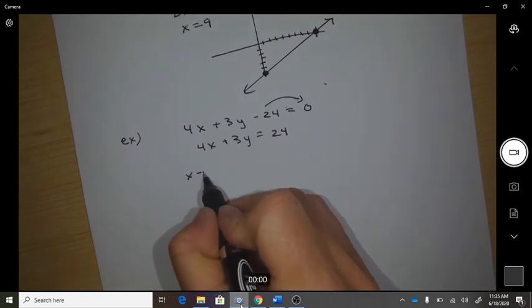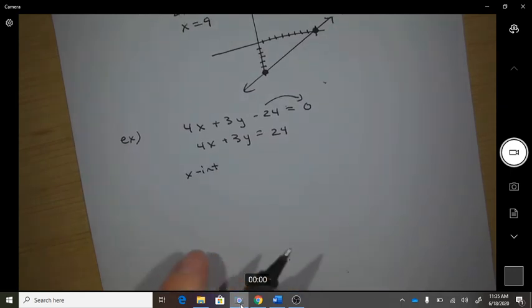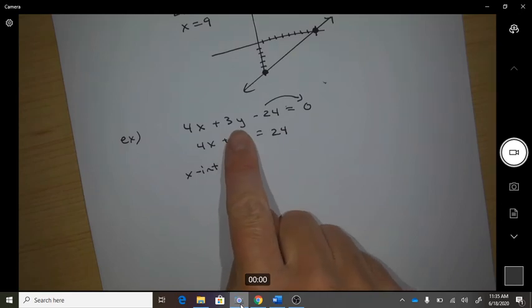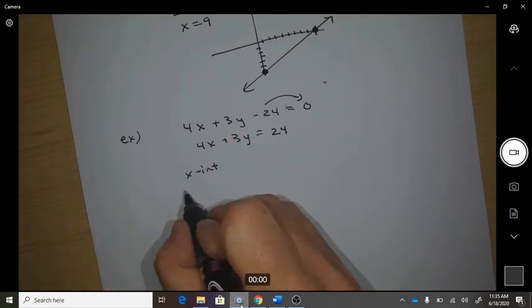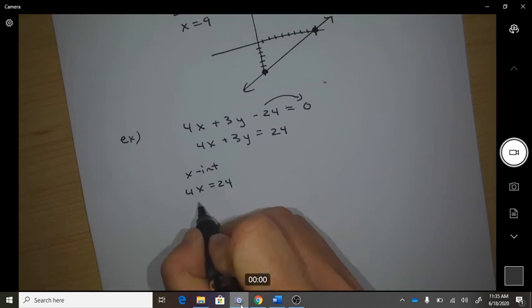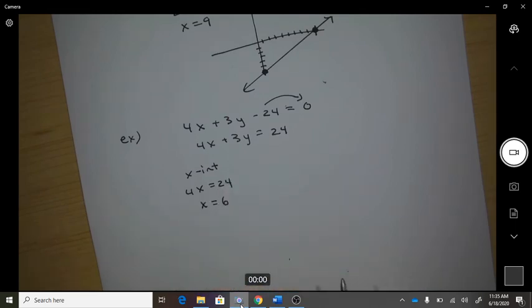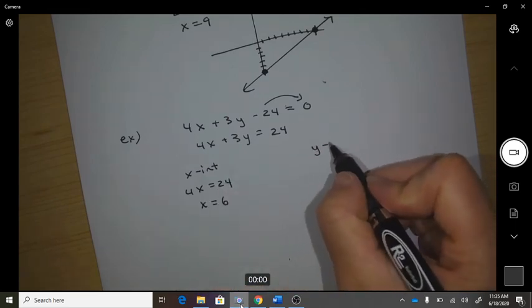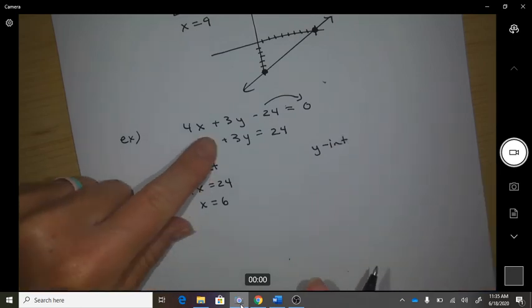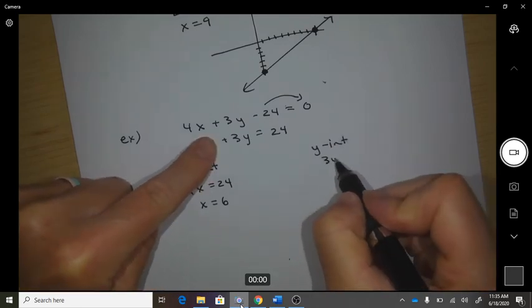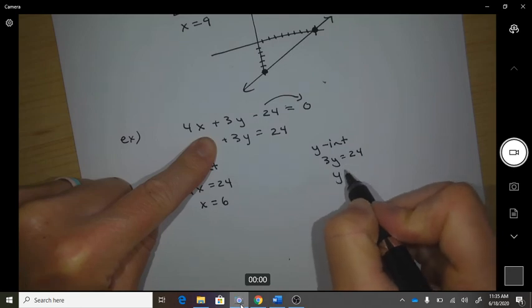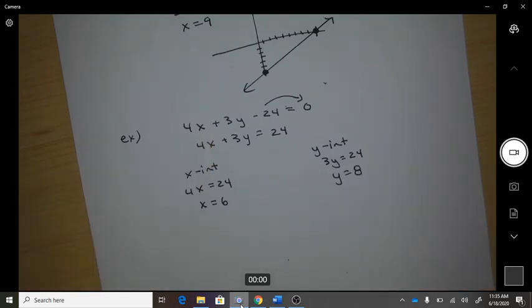So for the x-intercept, cover the y up, I get 4x equals 24, so x equals 6. To do the y-intercept, I would make x be 0, 3y equals 24, so my y-intercept is 8.